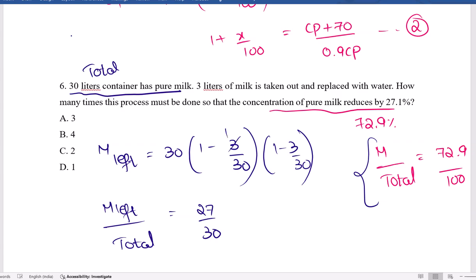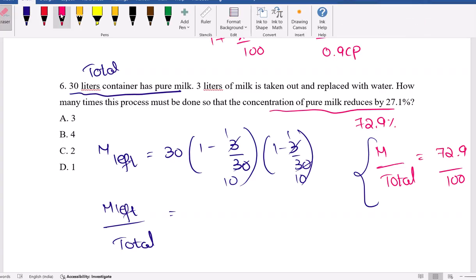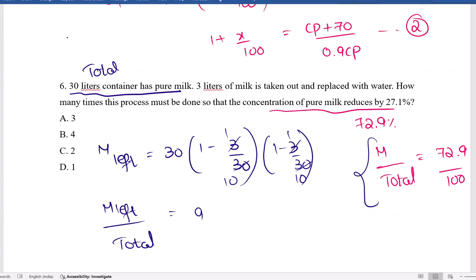This is 1 by 10, in fact. We can write it like 9 by 10. We got 9 divided by 10. This 30 is already sent, total is nothing but 30. 9 by 10 times 9 by 10 is 81 by 100, not 72.9.